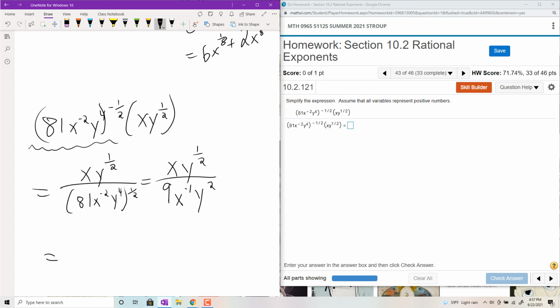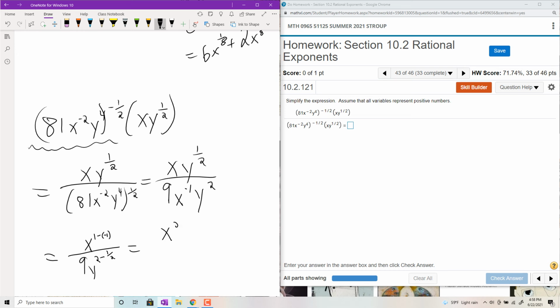Then I want to combine like bases. So I'm going to move the x from the denominator up, and I'll have x to the first power minus the negative 1, so it'll be 1 plus 1, all over 9 y squared minus the 1/2 from the numerator.